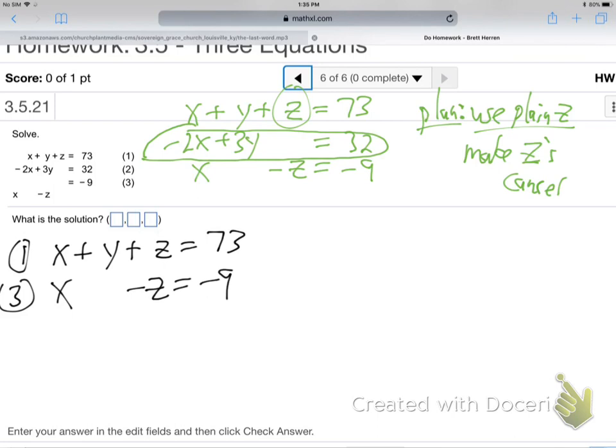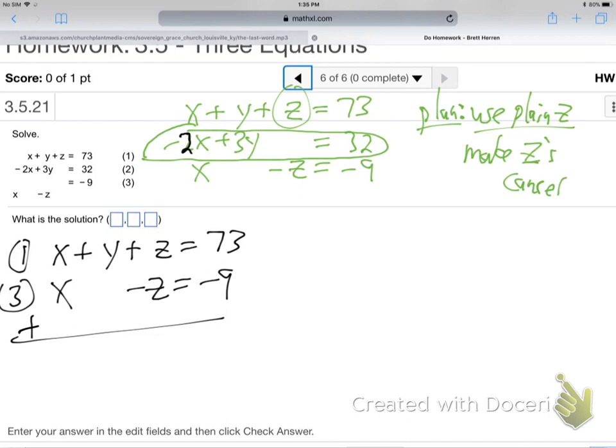You see what I mean? Just use equation 1 with equation 3. Just add those up right now, and z will drop out. And then you've already got equation 2, which has just x and y, no z. So that'll be all you need. That's one equation. Add those up. Yeah, they wrote it kind of funny, didn't they?